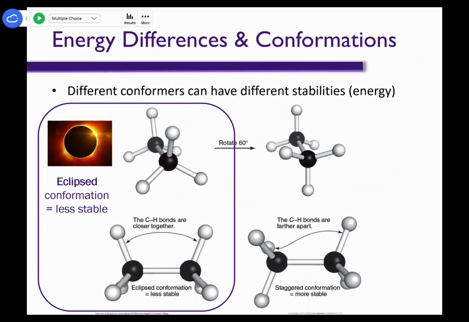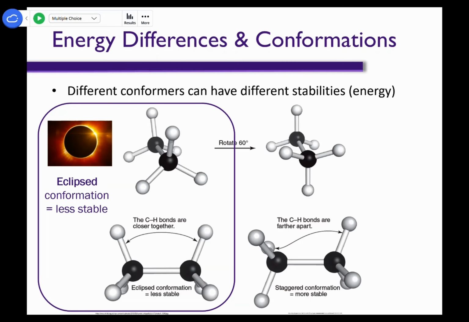Different conformations have different stability and energy levels. There are 2 big differences that we're going to distinguish between here. The first, so I'm going to take my ethane again, and you can as well. You can take those chlorine balls off because we're going back to our regular ethane. First conformation that I'm going to make is called eclipsed.